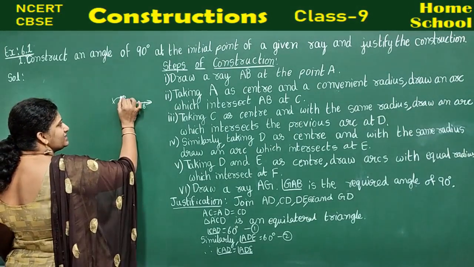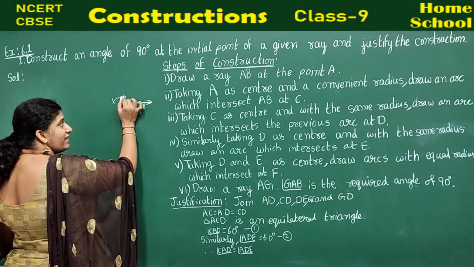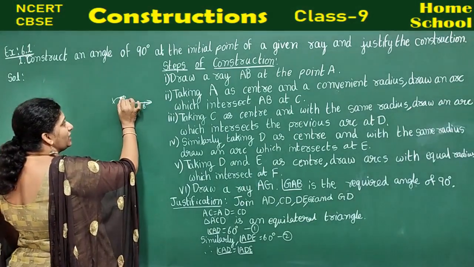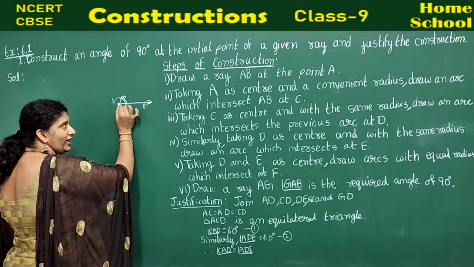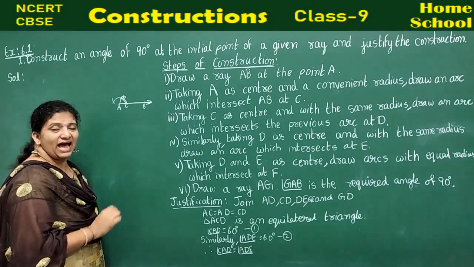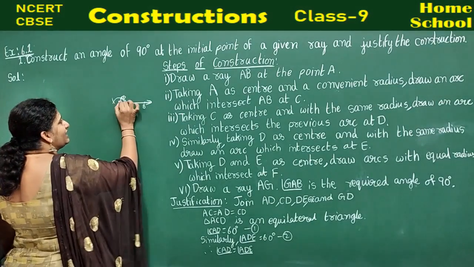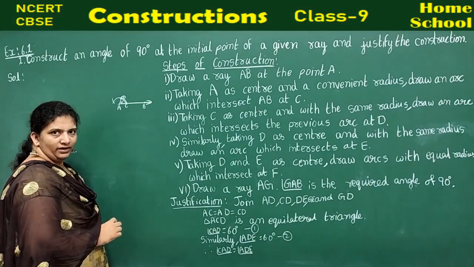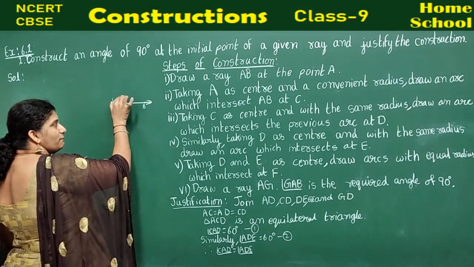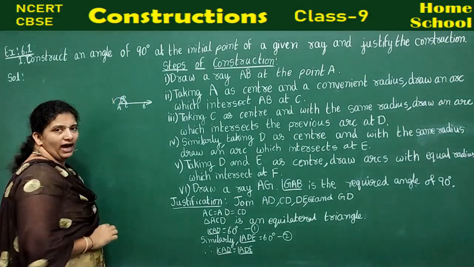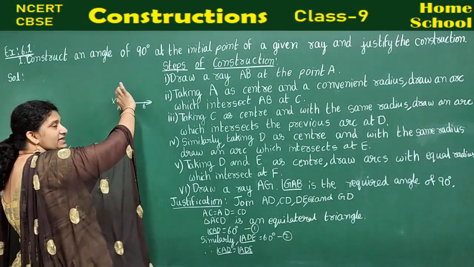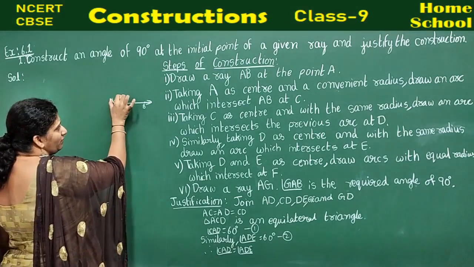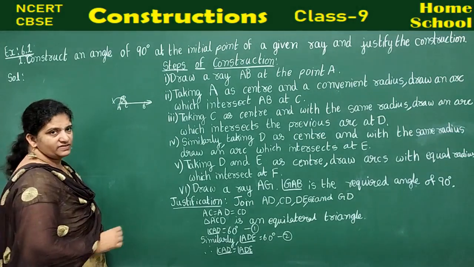Now, from the first arc's intersecting point, if I join to A, then what angle is created? It creates an angle of 60 degrees. Right? Now with the same measurement, we have drawn one more arc. This is 60, then what will it be? Again it will be 60.